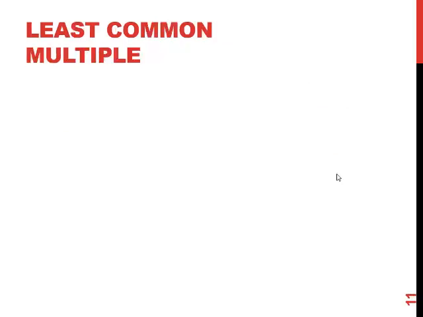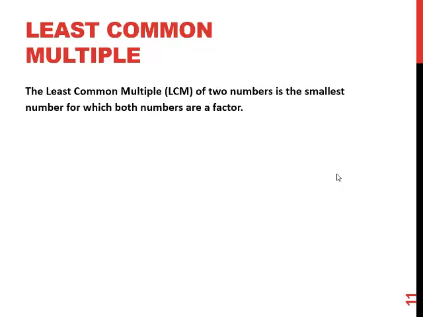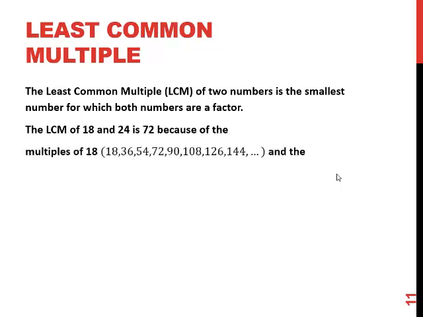Least common multiple. The least common multiple of two numbers is the smallest number for which both numbers are a factor. We're looking at larger numbers now. For example, the same two numbers, 18 and 24, have a least common multiple of 72, because 18 is a factor of 72 and 24 is also a factor of 72.